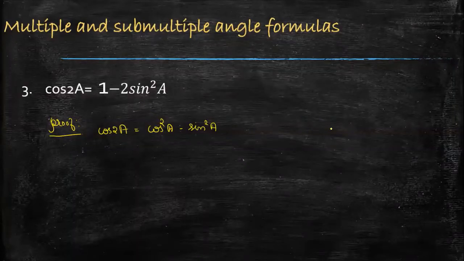For cos square theta, you know a formula: cos square theta is 1 minus sin square theta.